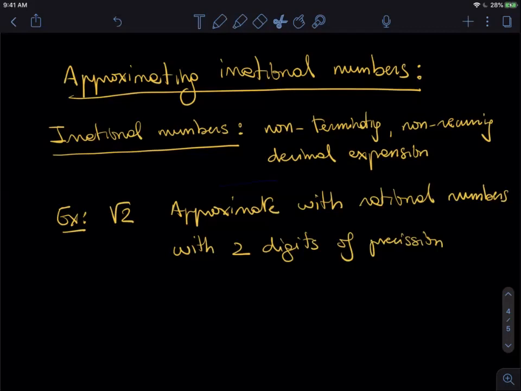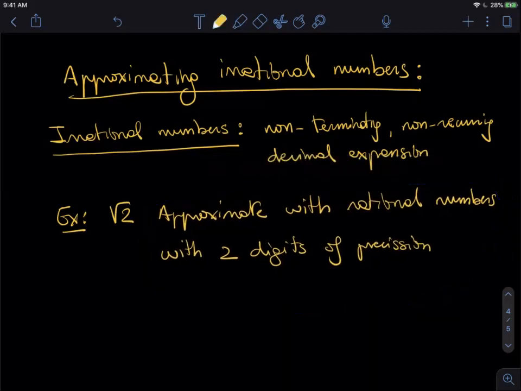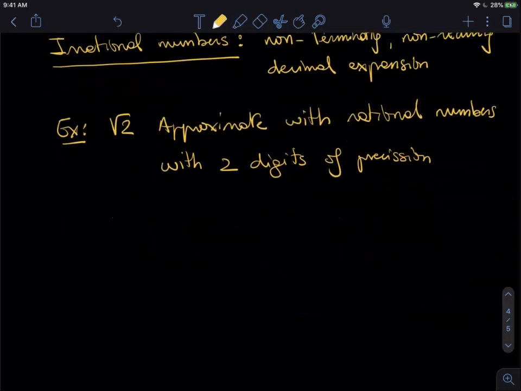Okay, so this one we know already because someone did this before us. We know that the square root of 2 is approximately 1.4142 and so on, okay? So what we are aiming for is the first 2 digits. So we want an approximation for 1.41. So let's see how we do this.